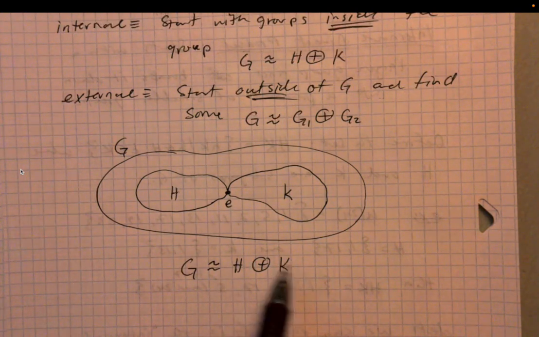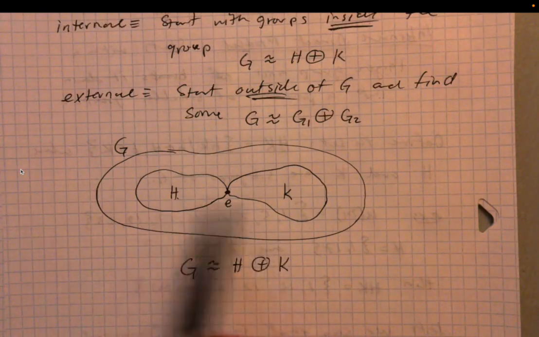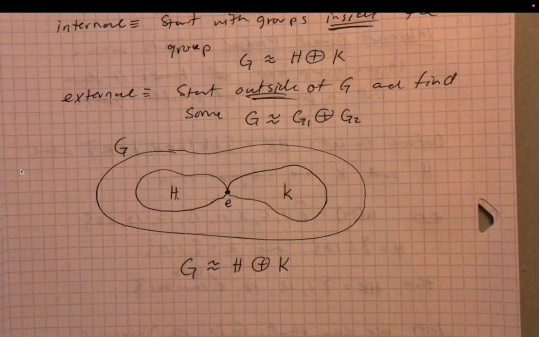It's really the same idea. Take some subgroup H, some subgroup K, generate the external direct product of the two, and you have generated an internal direct product. Let's do a couple of examples here to wrap it up.